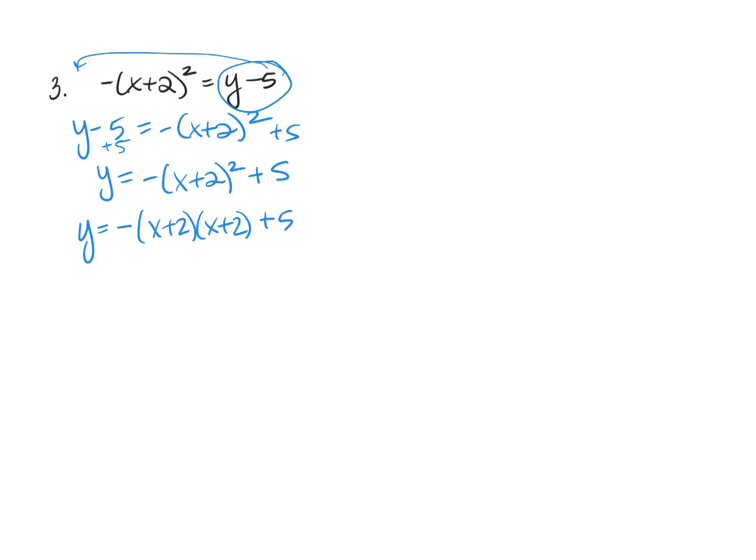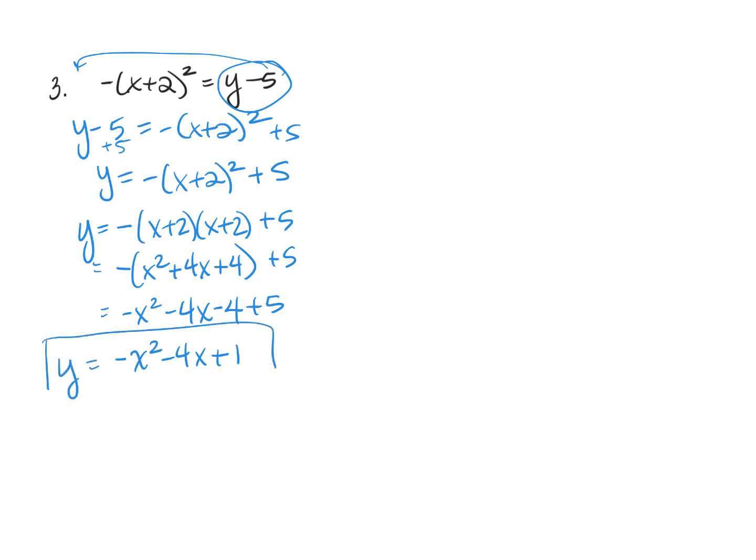Now I'm going to FOIL, so I'll have negative (x squared plus 2x plus 2x gives me 4x plus 4) plus 5. Now I distribute that negative. And then I'll have negative x squared minus 4x plus 1. There's my equation in standard form. All right. Hope this makes sense. Let me know what questions you have.